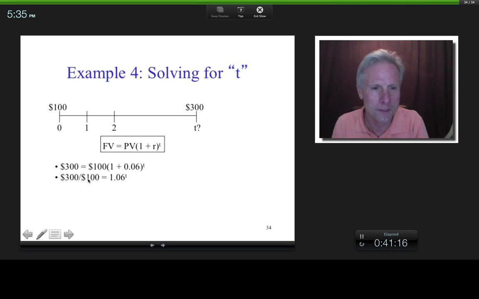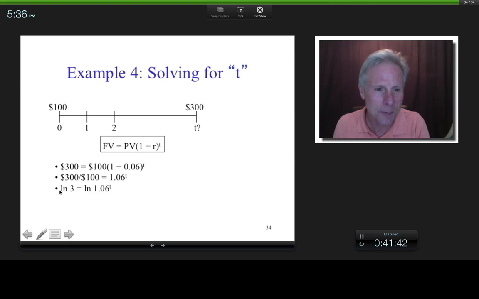So 300 divided by 100 is 3. Now, if I want to, can I take the log on each side? Well, in algebra, whatever you do to one side, you also do the same thing on the other side. And it doesn't matter if I take the log on each side or the ln, as long as you're consistent. But I'm going to use the logarithm function because I somehow need to get this t down.